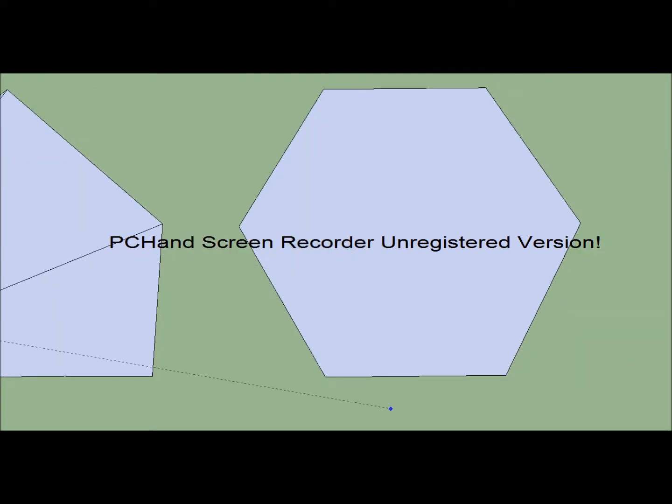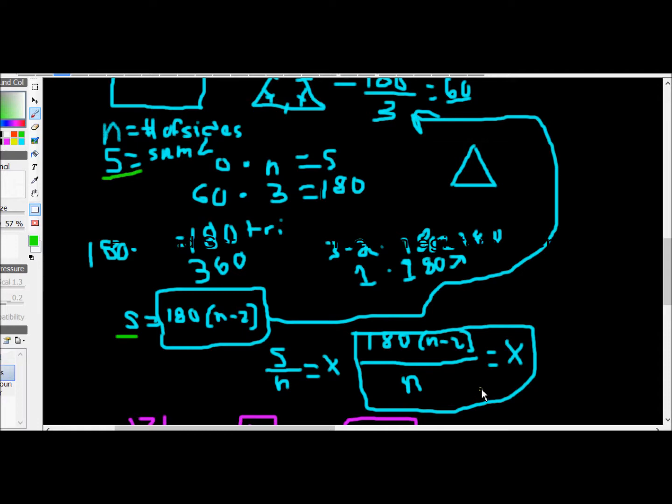So we go back to this drawing, and we have this, which is S = 180(n - 2), the sum of all the interior angles.